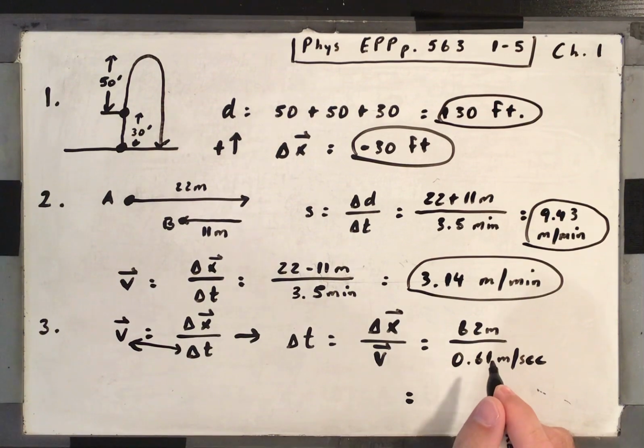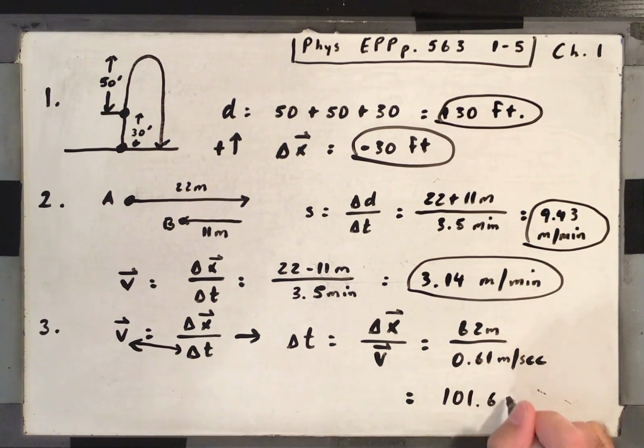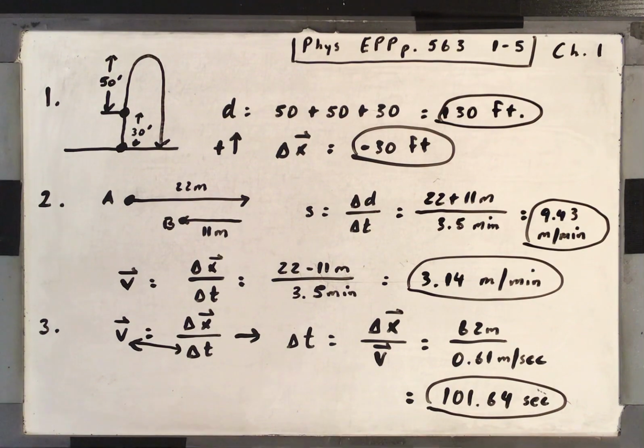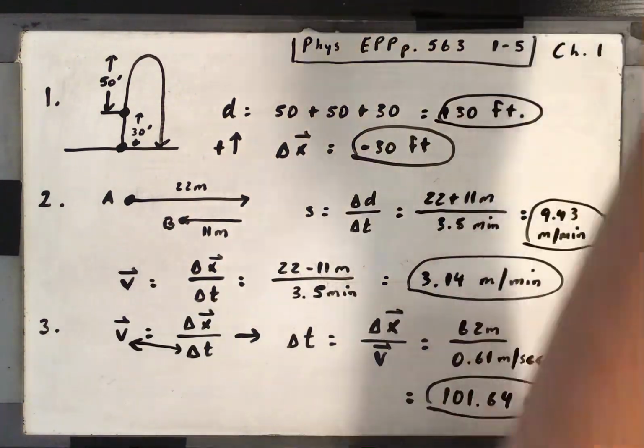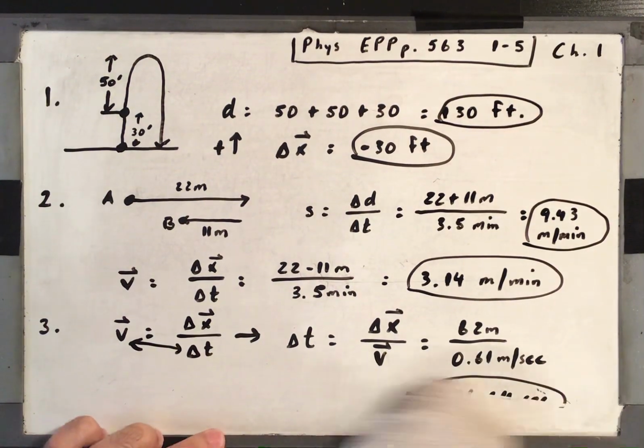And that is 101.64 seconds. All right, so that gets the first three out of the way. Okay, so pause the video if you need to, and we'll do 4 and 5.